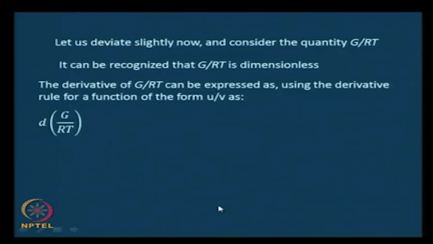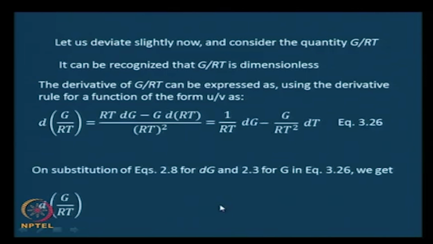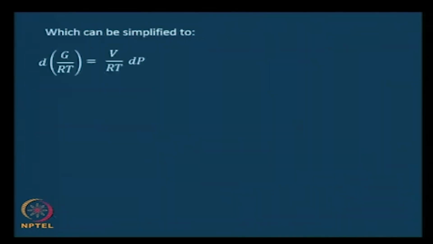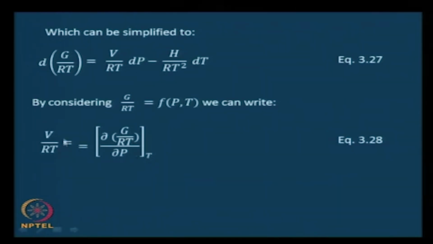And then we showed why G by RT is considered the generating function, or G is considered the generating function, because if we have the value of G, you could get other values. Please go through this derivation again, it might be interesting. Here, if we have G by RT, V by RT is nothing but dou P of G by RT at constant temperature.